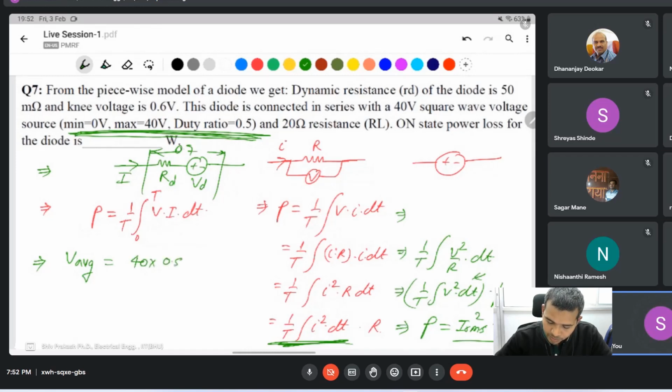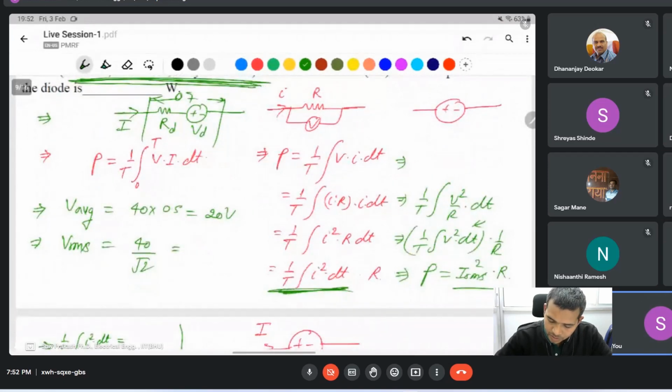40 times 0.5, that is 20 volt, and RMS is 40 divided by root 2. You can also take it as root 2 times 20.